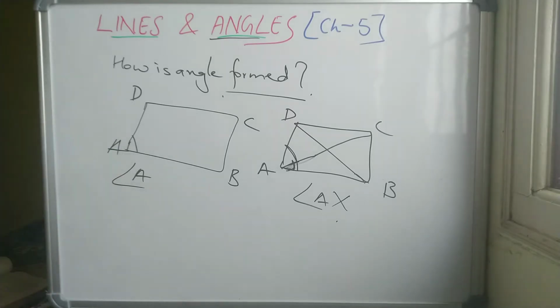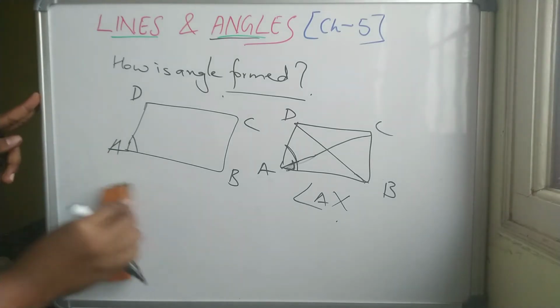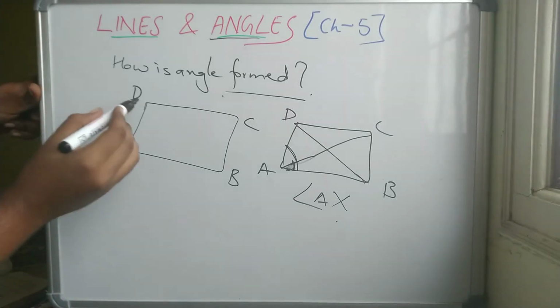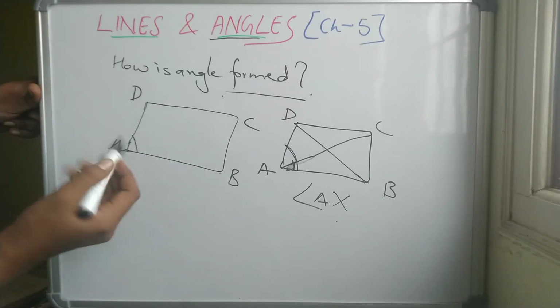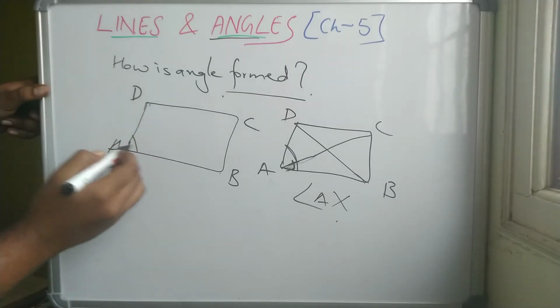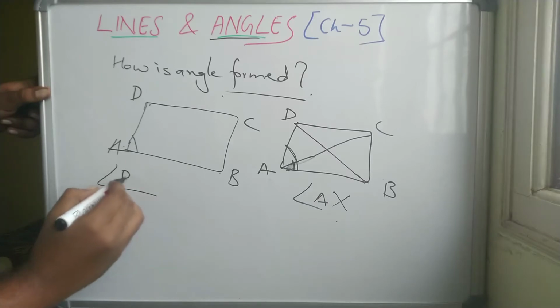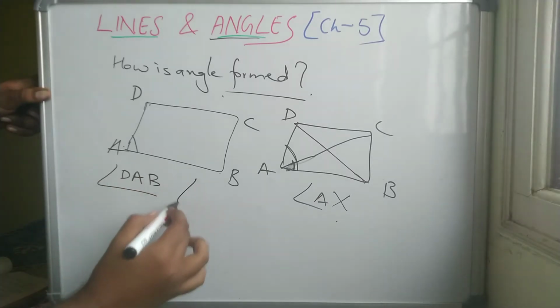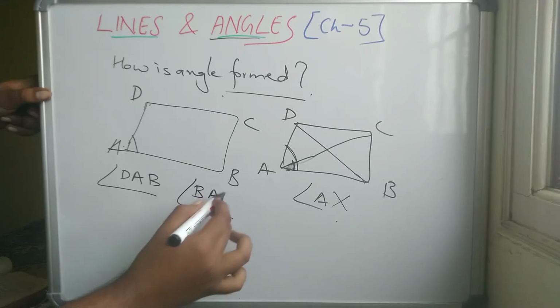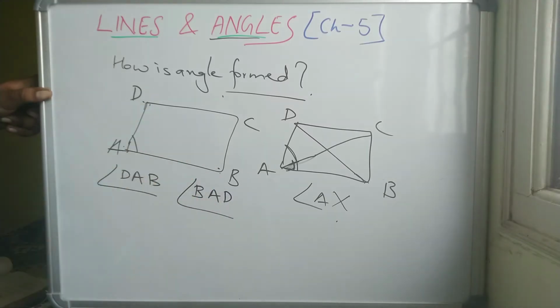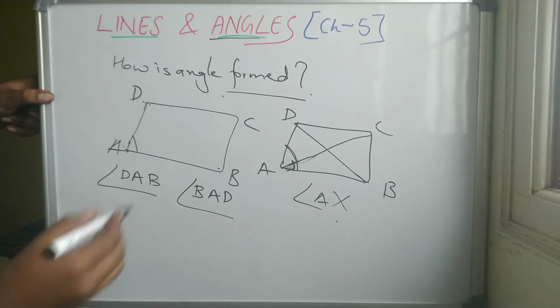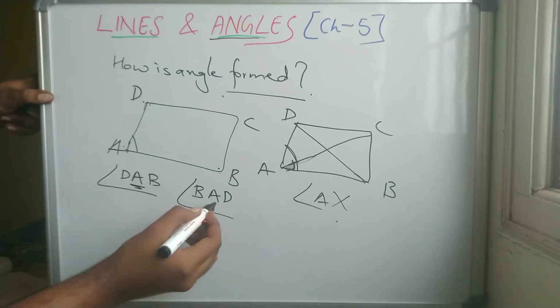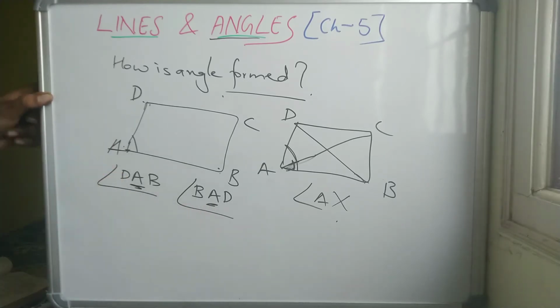Now how to name this? So you have to remember that either you start from this point or this point, anywhere you can start. Angle DAB, or you can write BAD. You have to remember one thing, that the center point should be the angle denoted.